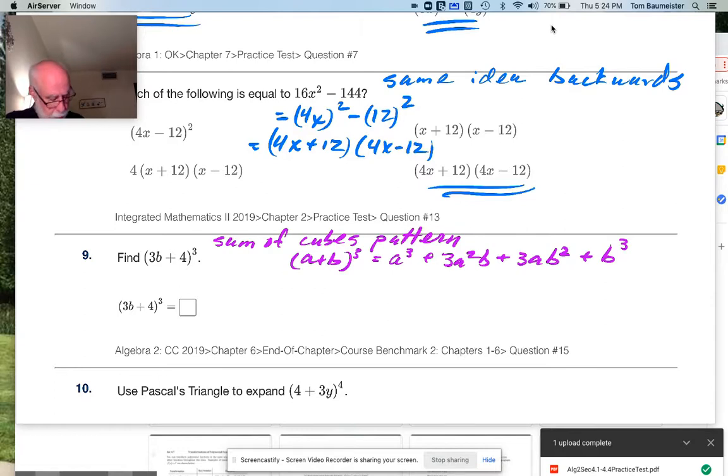So in this case here, again, this is our A. Our A is 3b in this case, and our B, when I'm following the pattern in this one, is 4.